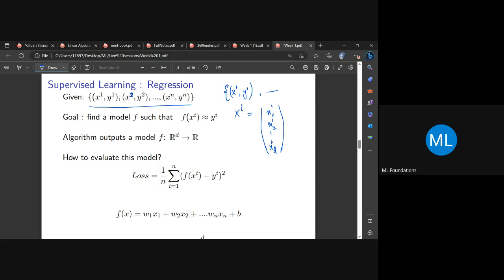The problem is you want to predict the price of a house depending on the number of rooms, its distance from the metro, and its area. So if I take that example, what is our xi?